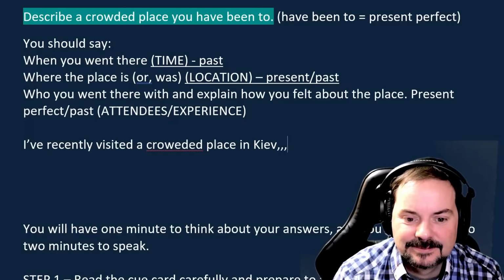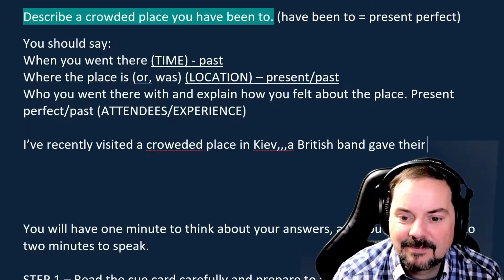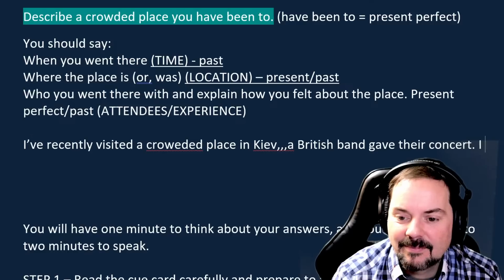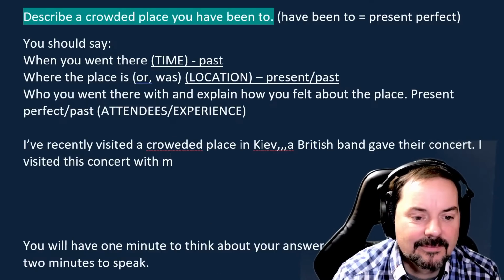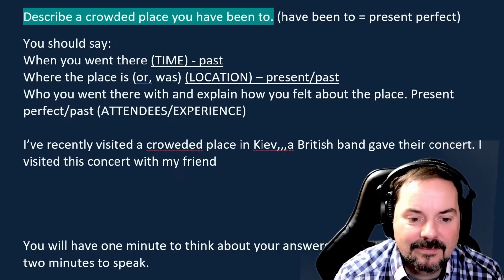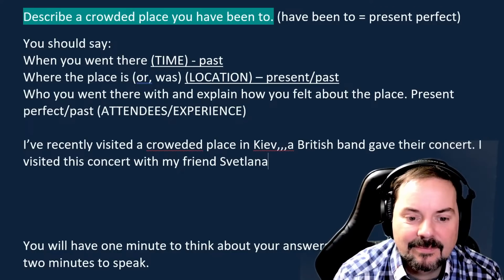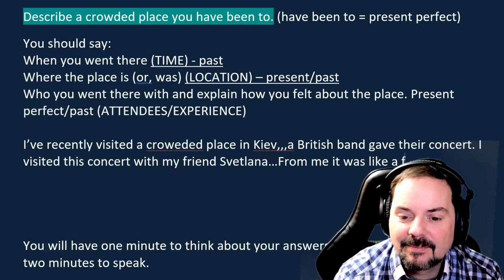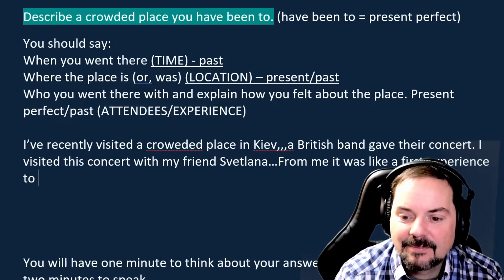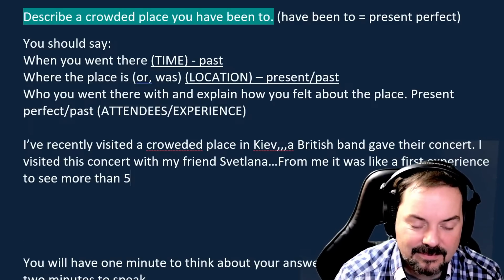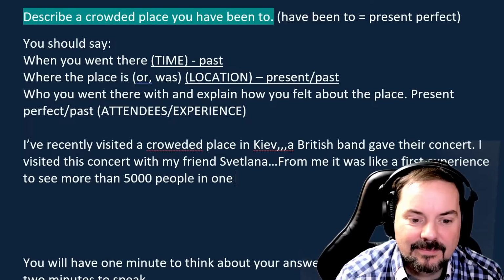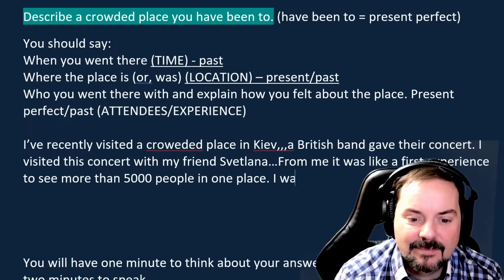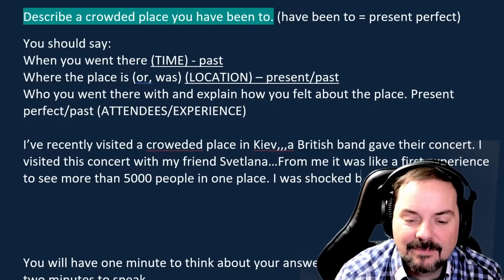I wasn't alone, and I visited this concert with my close friend Svetlana, and also it was my first trip from Odessa to Kiev, because this concert was hosted in Kiev, and for me it was like first experience to see more than 5,000 people in one place, and I felt shocked because it was the biggest club which I've seen in my life, and I even got lost in this. But a security guard helped me to find my place.